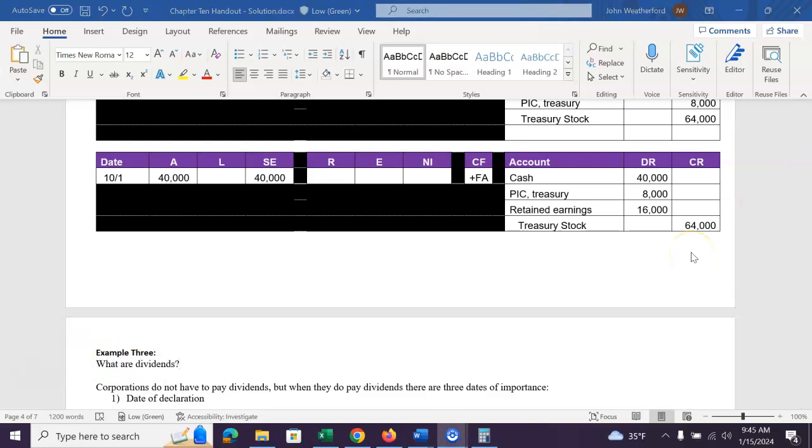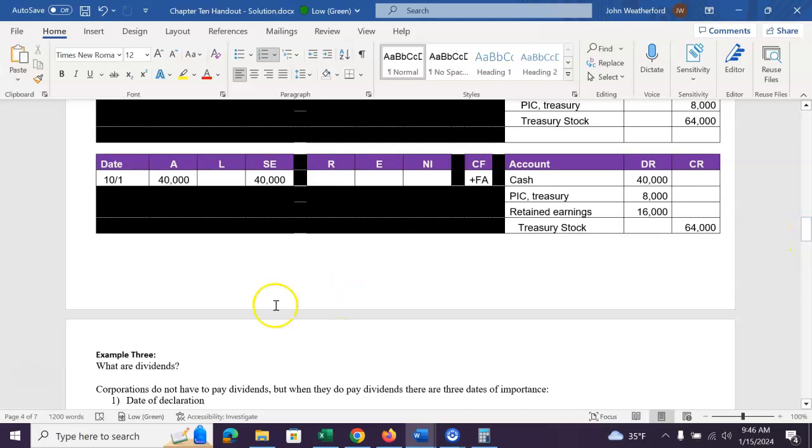All right, now in connection with dividends, we have 3 dates. First, the date of declaration. Now, that's the day the board votes to pay a dividend. And on that day, we would record in the journal the dividends themselves and set up a dividends payable liability account.